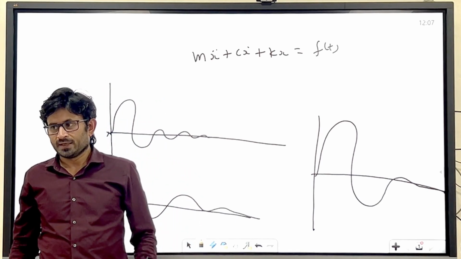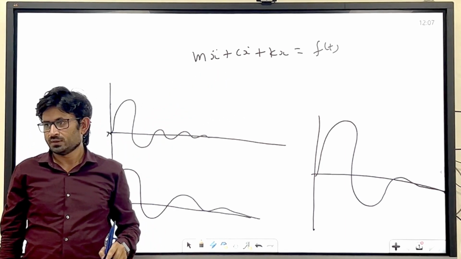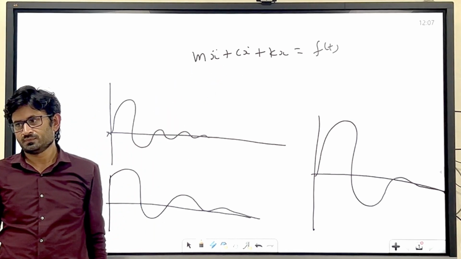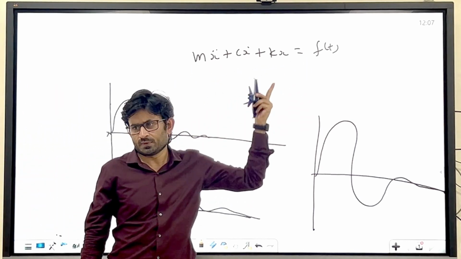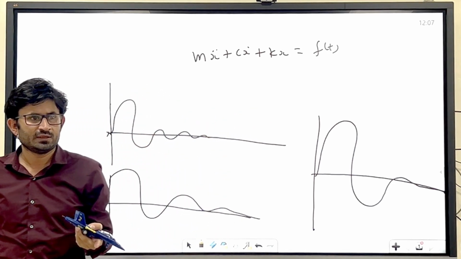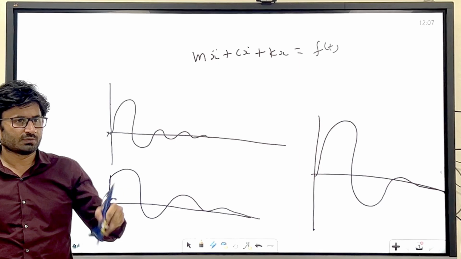So that means in the aircraft something is equivalent to k, something is equivalent to c, and f is our disturbing force. It can be generated by the atmosphere or by the control input of the elevator itself, disturbing the longitudinal motion.